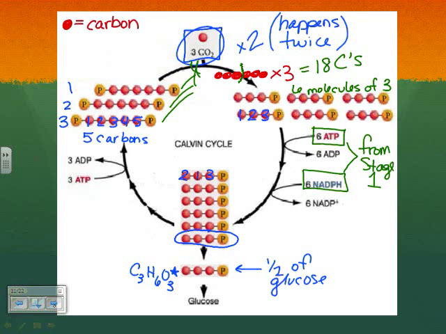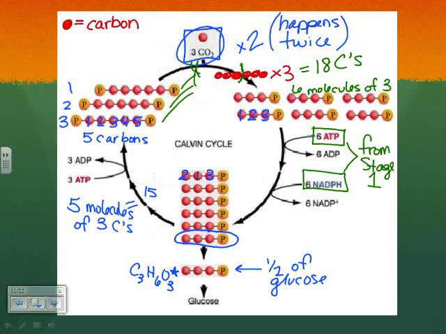So now we've got 5 molecules of 3 carbons, right? Which is how many? 15, right? So we've got 15 now. But those 15 are not in the form that we need for recycling.